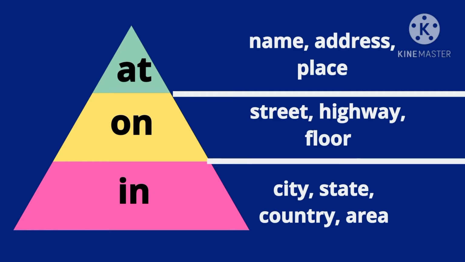Well, here at is used for name of the place, address, place. Very specific. Whereas on is a little bit wider, is used for street, highway, or floor.